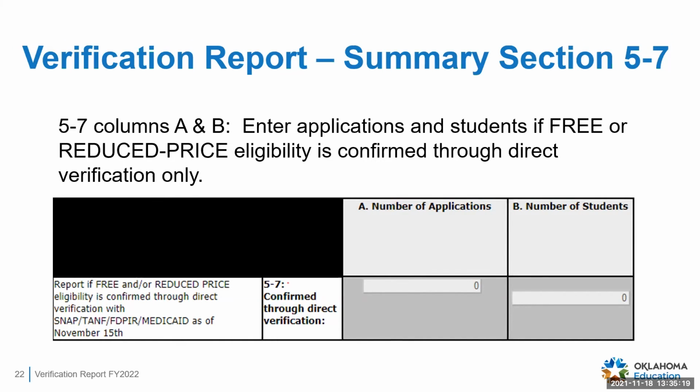If they moved before verification, was that application picked for verification before they moved? Ask her that, if she had started the verification process. Did you start the verification process before they moved, or did they move after October 1? Or did they move before October 1?